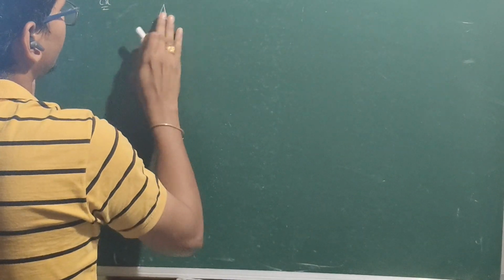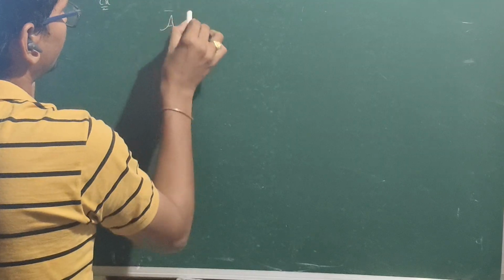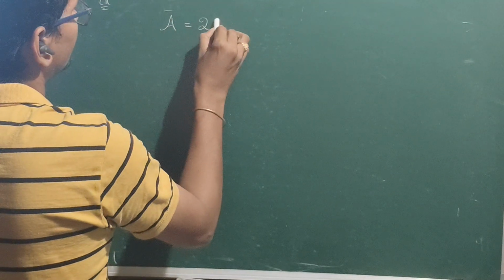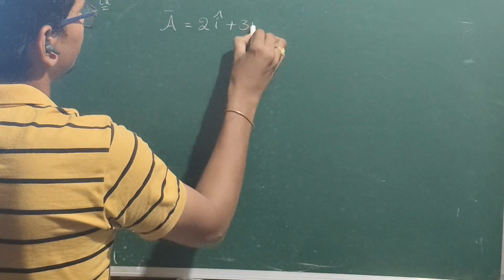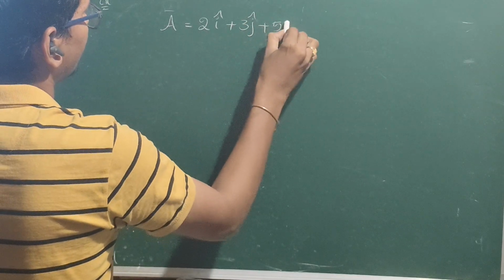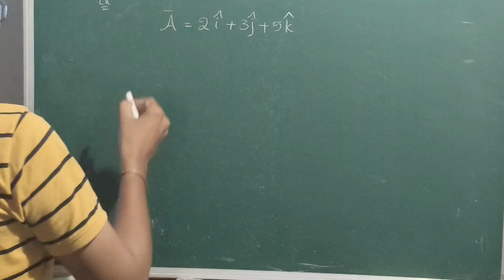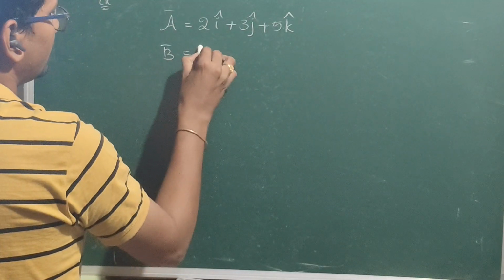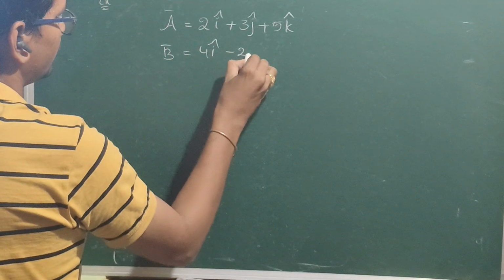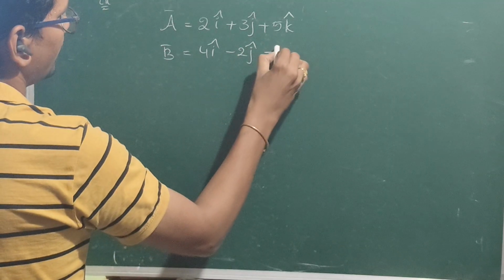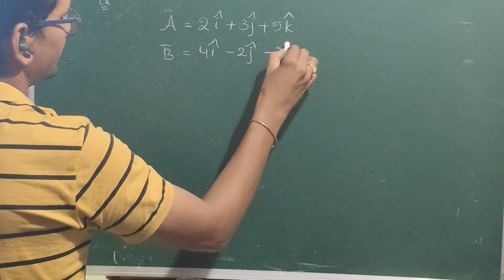This is the three dimensions way. Let's take one example sum in the same three dimensions. For example, a bar is equal to 2 i cap plus 3 j cap plus 5 k cap. Next, b bar is given as 4 i cap minus 2 j cap minus 2 k cap.